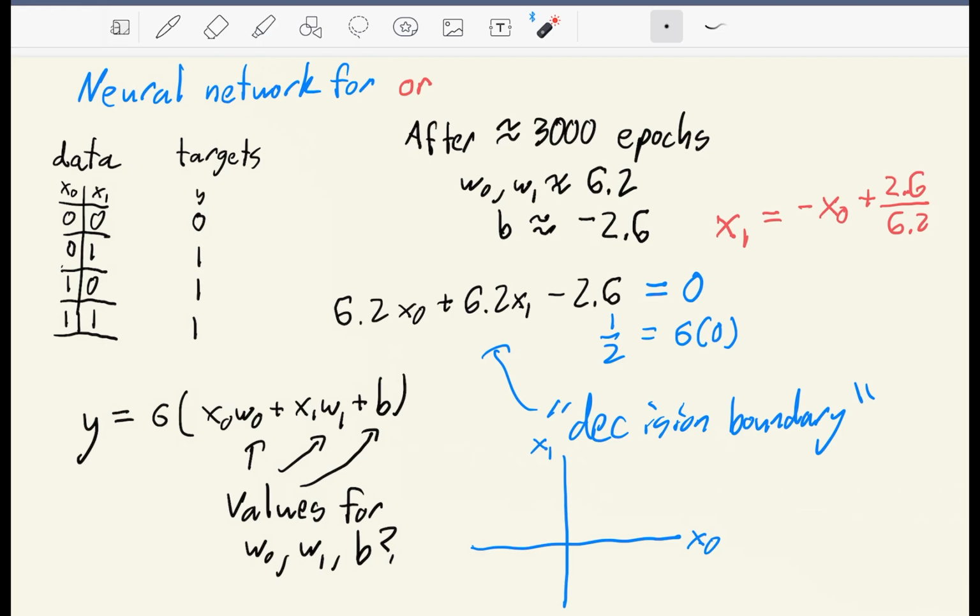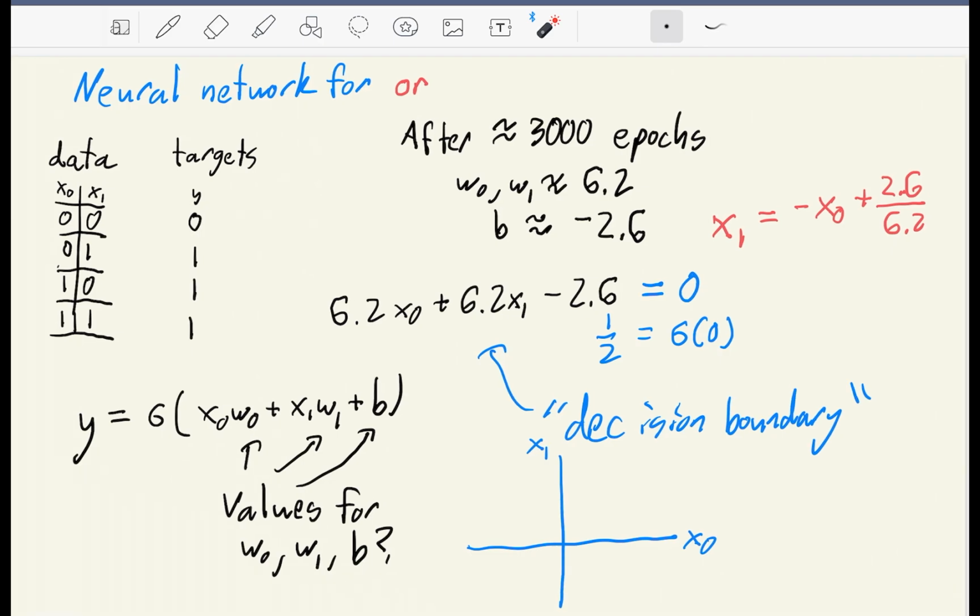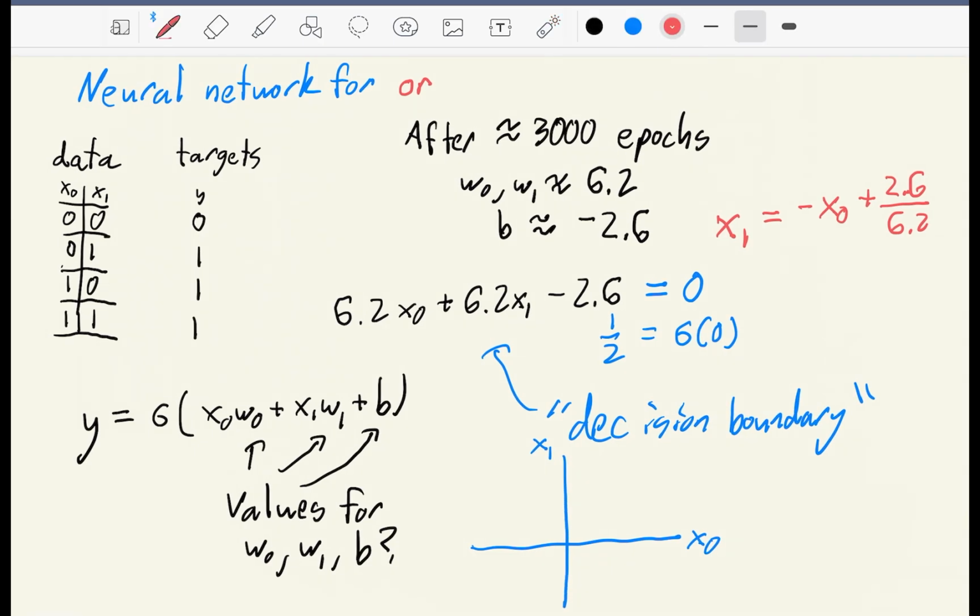Okay, and so what does that look like? Well, the slope is going to be -1, and the y-intercept is going to be between 1/3 and 1/2. So slope is -1, so it'll look something like this. Okay, this is the decision boundary. And let's look at our data points.